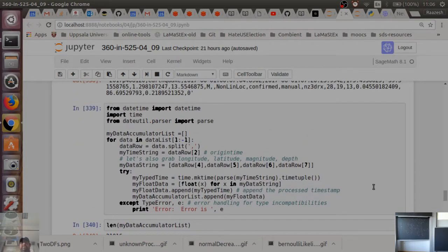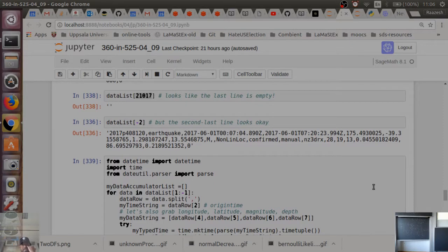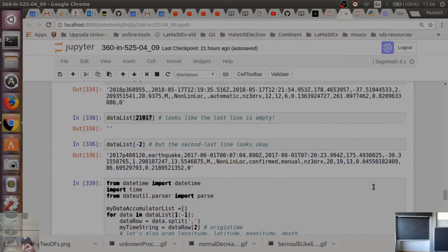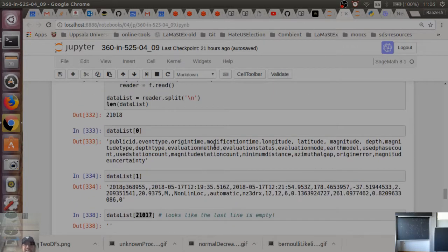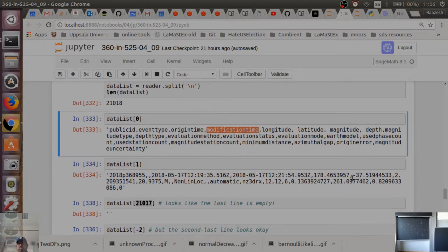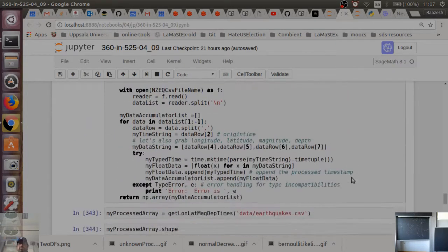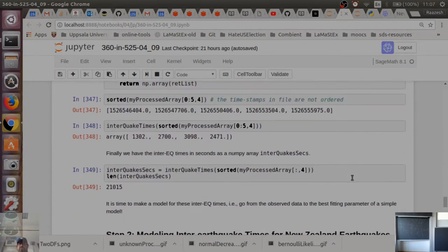They changed all their fields since I was looking at this a while back when I was teaching PV engineers. If you look at the header line, it says origin time and modification time. I'm assuming modification time is when humans modified it, and origin time is the actual origin time. I didn't go deeper into the docs, but there's no other time information anyway. So I think that's correct. It's the actual time of the earthquake.